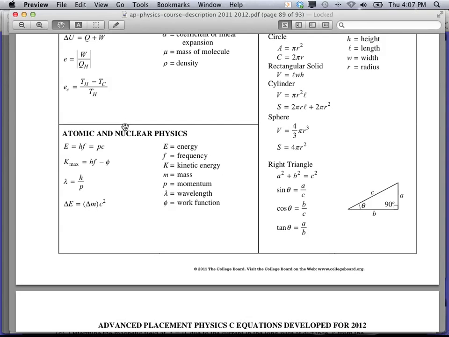Now, when you reverse the photoelectric effect, think of the dentist's office and the X-rays, the non-radioactive material using X-rays. This equation is the kinetic energy of the expelled electron equal to the energy of the light minus the work function.